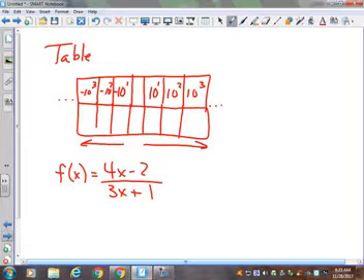Now we know, based on the rules that we discussed yesterday, what am I looking for here? What's the answer going to go to? 4/3? So that's what decimal? 1.3 repeating.